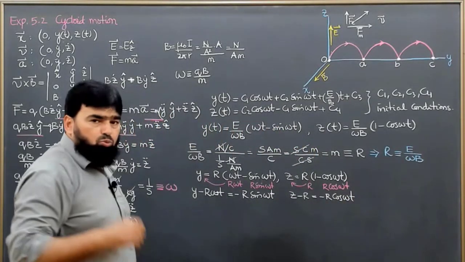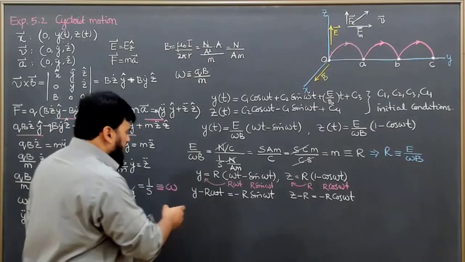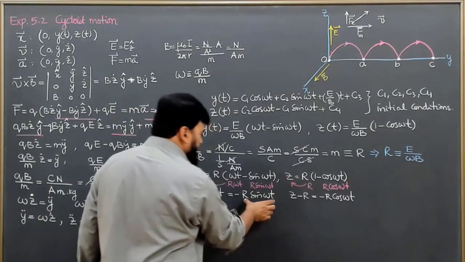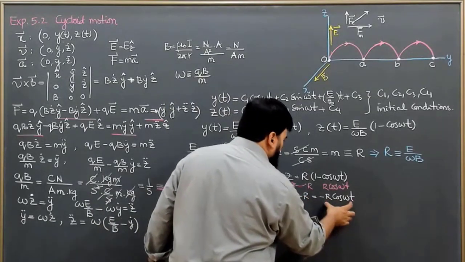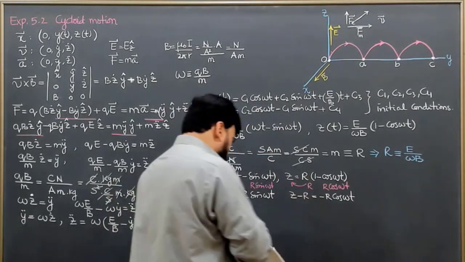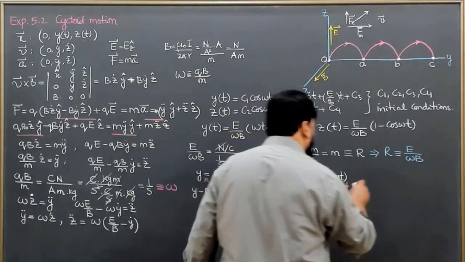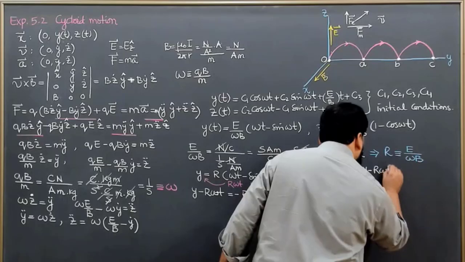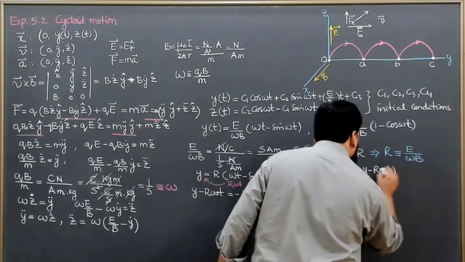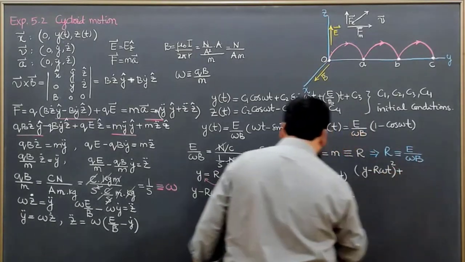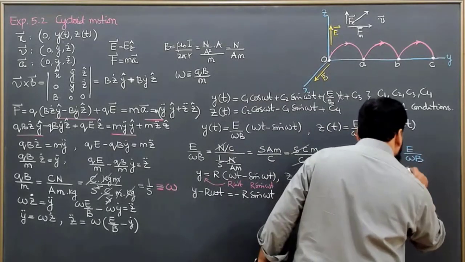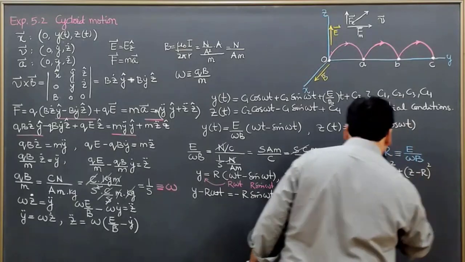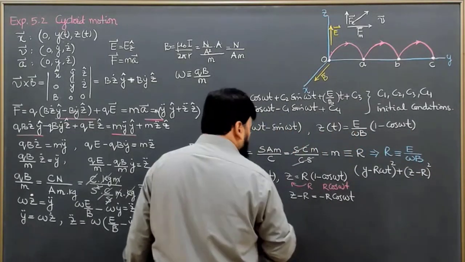Now if I square both sides, taking the whole square of this and the whole square of this, and adding the two, then we will have y minus r omega t whole square plus z minus r whole square.